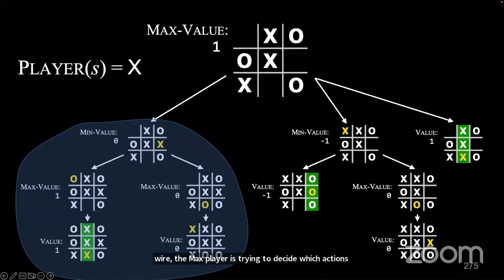In this example, the max player has 3 possible options. For the 3 options, it simulates the game playing of the minimizing player, and it sees that the third option, the rightmost action, gives it the optimal value. So it chooses this option and it gets the value 1.